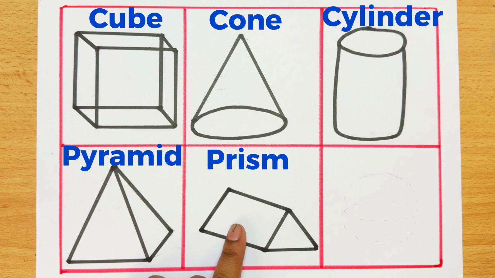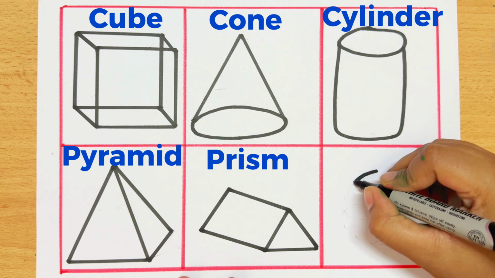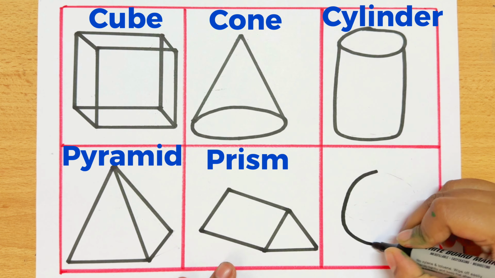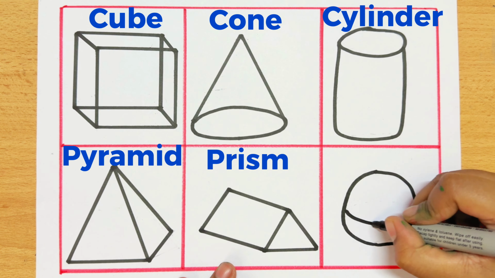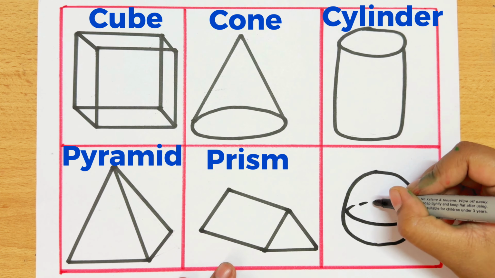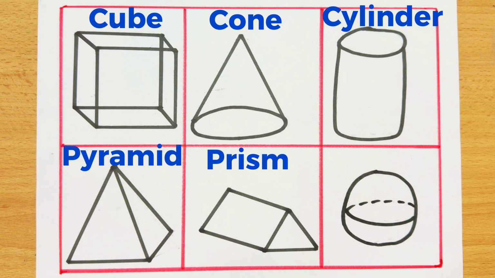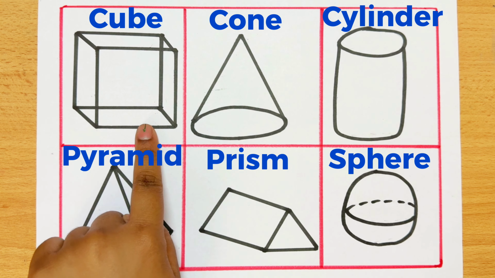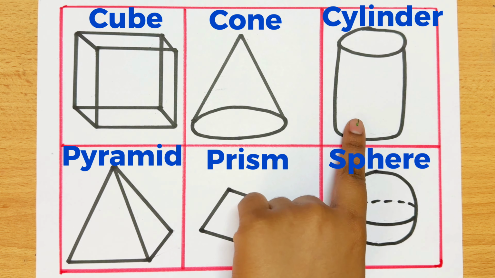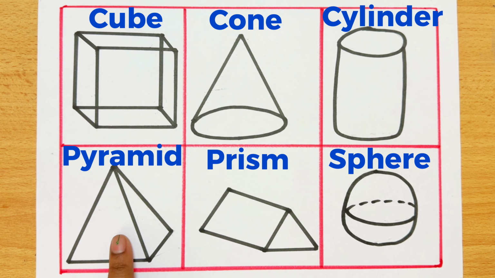This is a prism. This is a sphere. Cube, cone, cylinder, pyramid, prism, sphere.